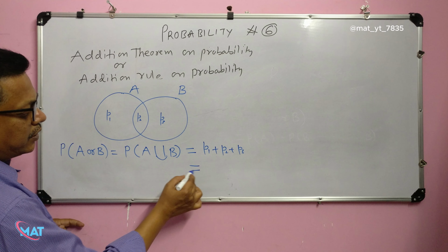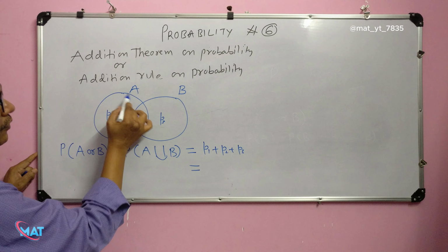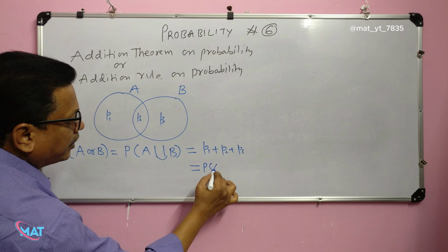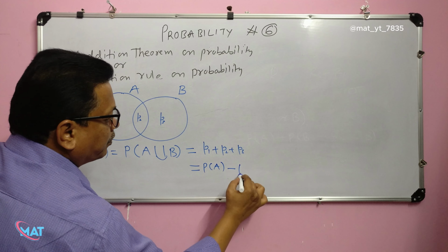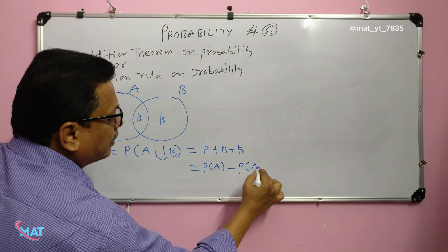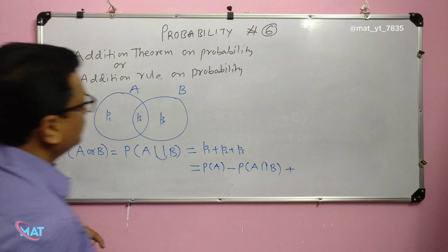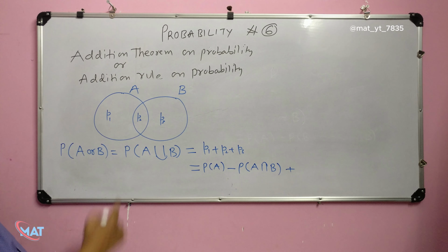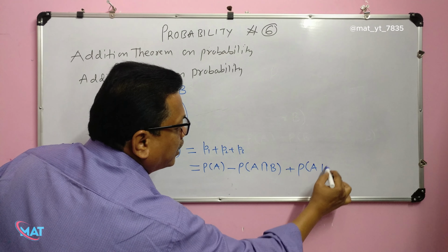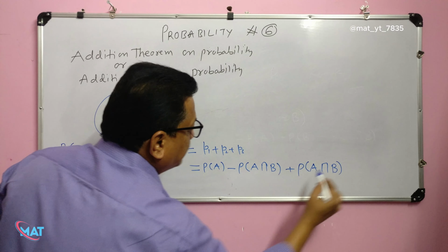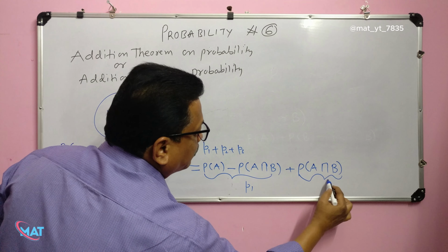But what is P1? It is the complete circle of A, so we can write the probability of A, minus this part, the probability of A and B, plus P2. P2 is only this part, so we can write the probability of A intersection B. This is your P1, and this is your P2.